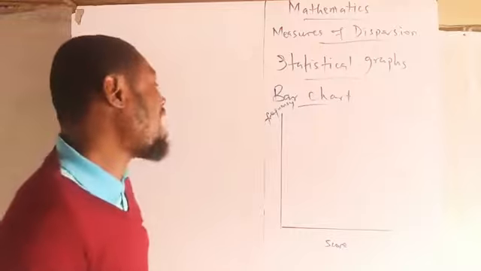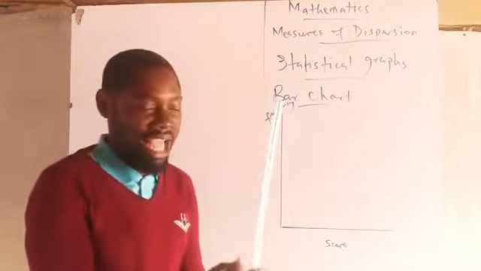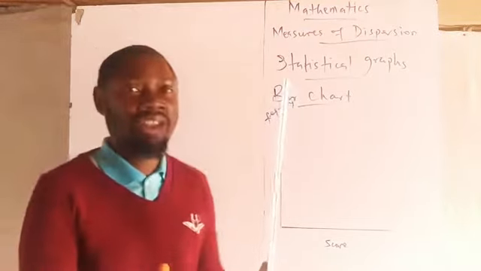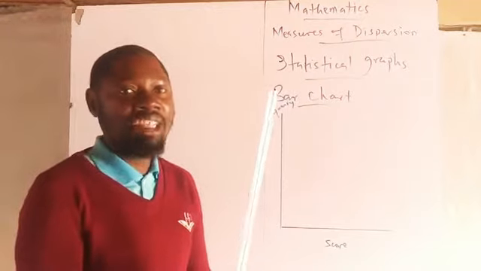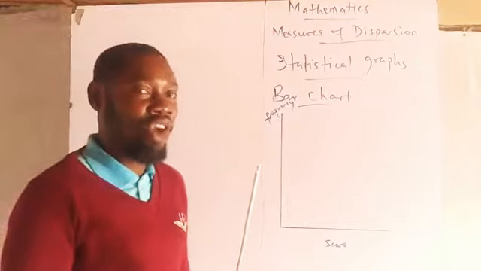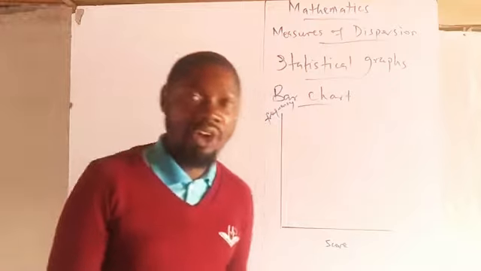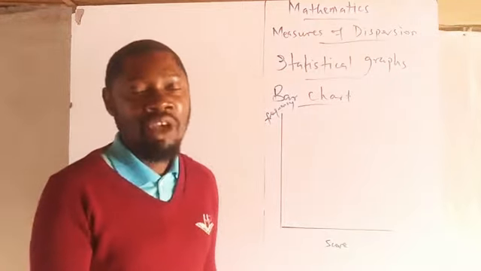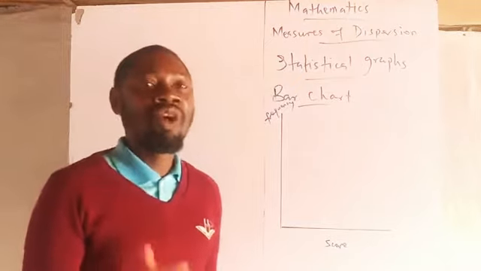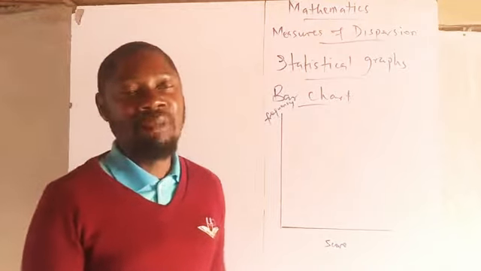And because a bar chart has spaces, the bars of a bar chart are not joined together, they are spaced. So if you're using 5 centimeters for each bar, it means that after 5 centimeters, you decide yourself if you're going to allow 1 centimeter before you count another 5 centimeters, or if you're going to allow 2 centimeters before you count another 5 centimeters, since each base of the bar is 5 centimeters by width standard.